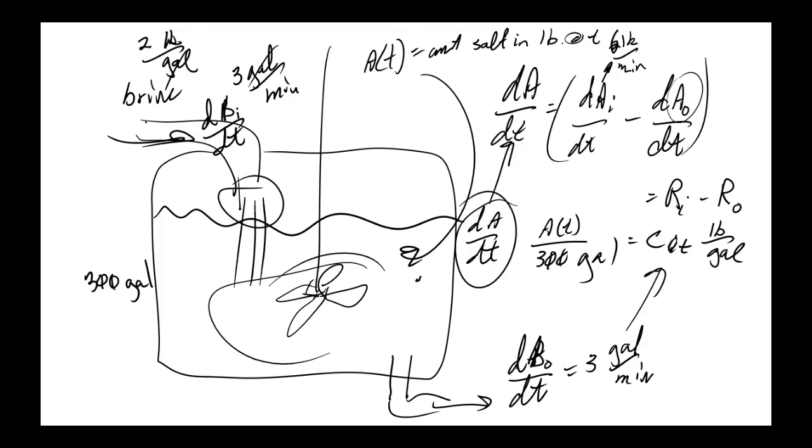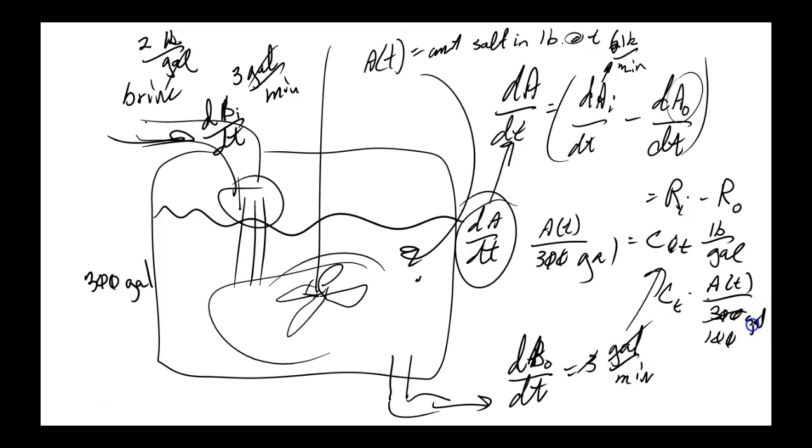Let me work on this a little bit. This is C sub T, and this is in pounds per gallon. Whatever your A of T is here, that's the amount in the tank, and you got 300 gallons in the tank. That's constant. So that's going to be the concentration in the tank at any time. Now, multiply this by that, and the 3 will go into 300 100 times.